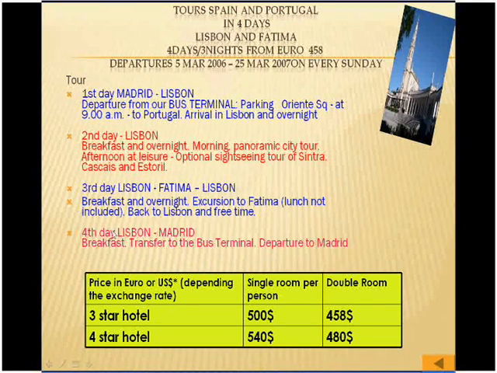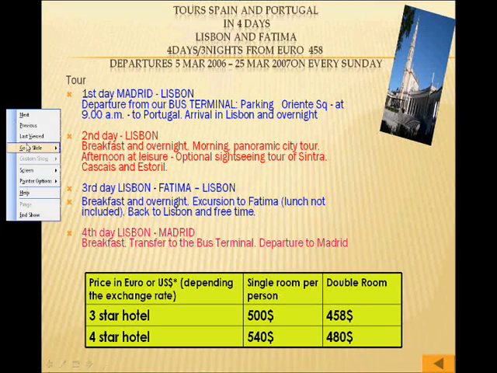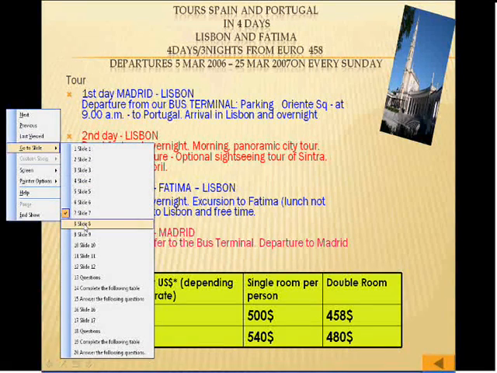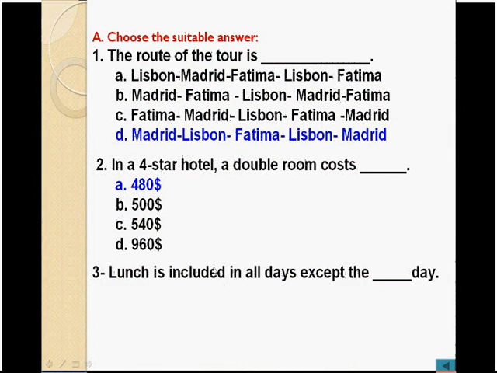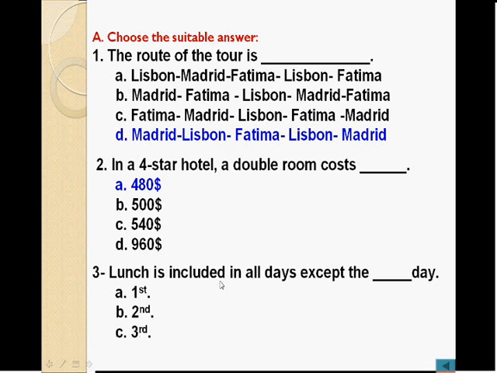Is it the third day? Is it the fourth day? Be careful, lunch is not included. A first, B second, C third, and D fourth. So which day? Yes, it's the third day.